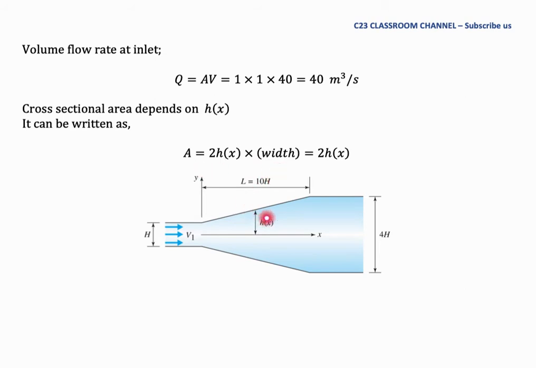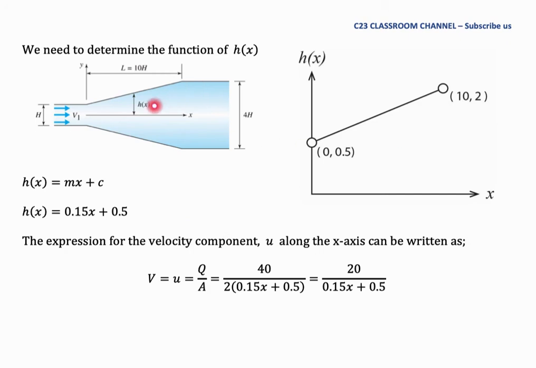So the cross-section area at the diverging section here is 2h(x) only. However, the value of h(x) keeps increasing along the axis here. So we need to determine the function h(x).